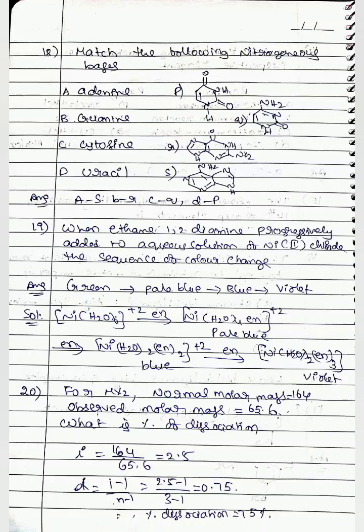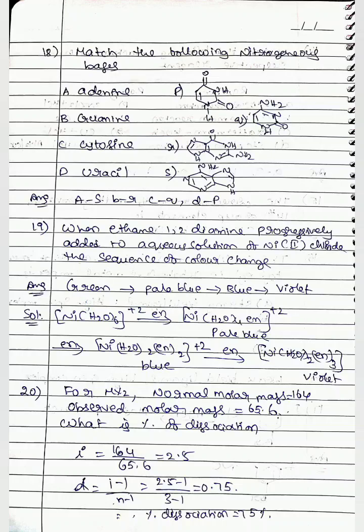Next one, for MX2, the normal molar mass is 164, the observed molar mass is 65.6. They are asking us to calculate the percentage of dissociation, especially when they mention molar mass. Van 't Hoff factor i will be normal molar mass by observed molar mass. Formula we need to know.